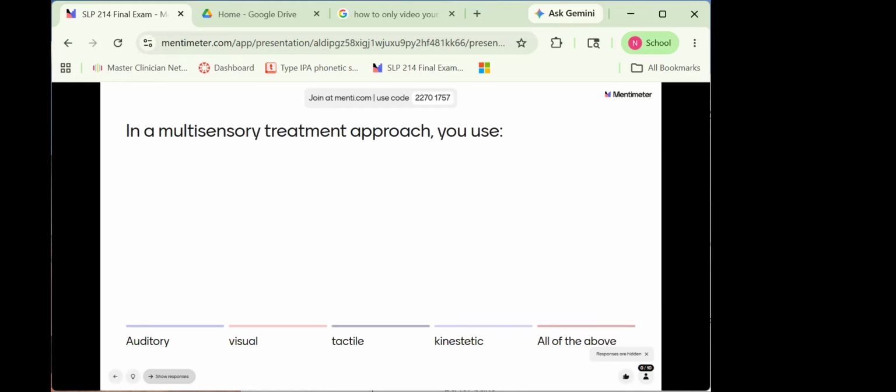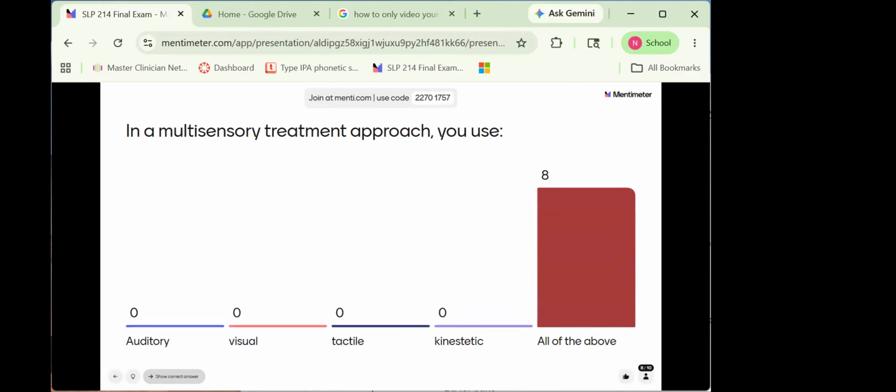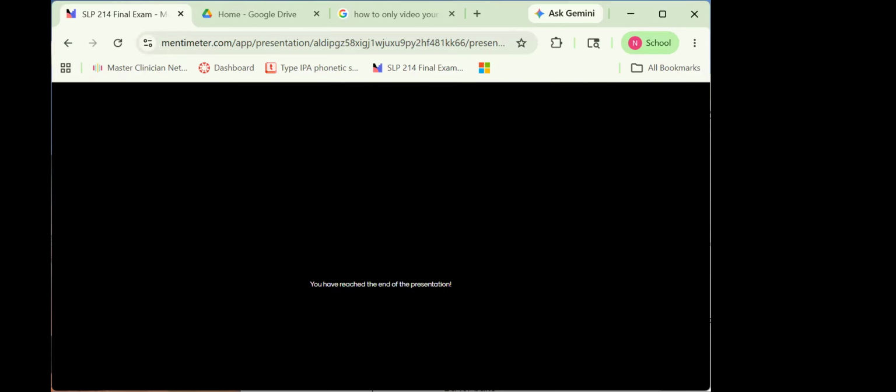In a multisensory treatment approach, you use all of the above: auditory, visual, tactile, and kinesthetic learning. That's the end.